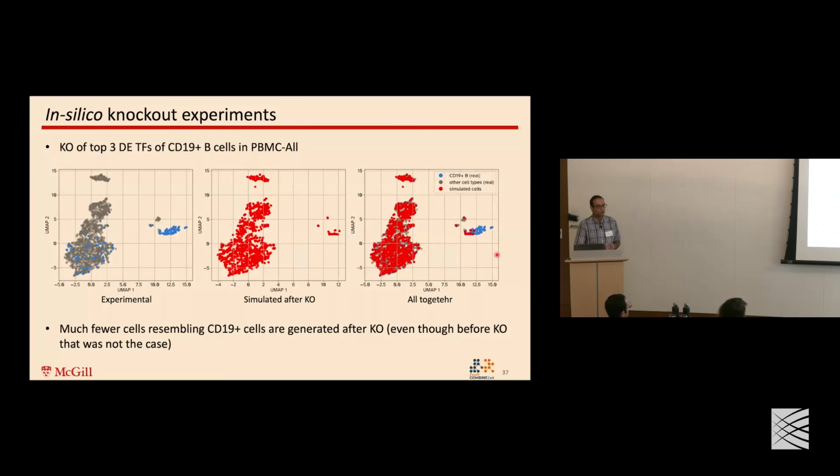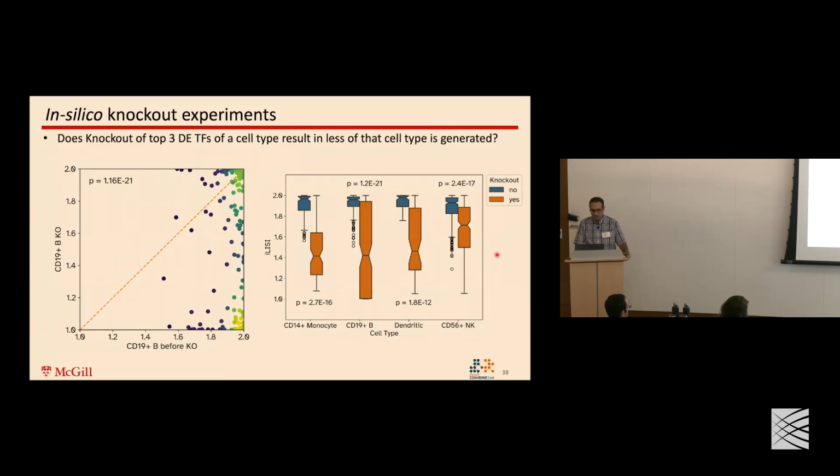We can actually quantify this and look at different cell types. Here for example, I'm showing you the box plots, where on the left, the blue ones show the iLISI value of a particular cell type, showing that they are relatively high, close to 2, and the same set of cells after the knockout of their top 3 differentially expressed TFs, and you see that the iLISI value goes down, which shows that less of that cell type is being generated by the model.